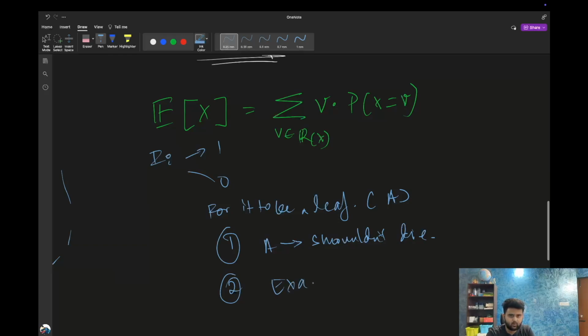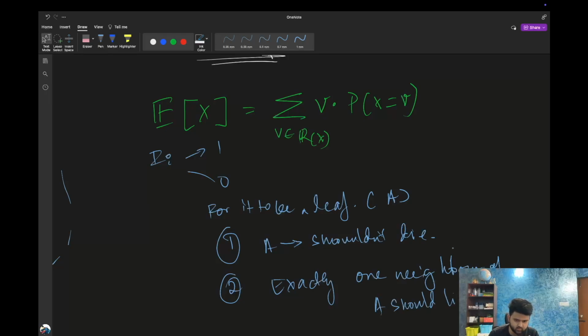The other is that exactly one neighbor of A should live. These are necessary conditions, and with some work it's obvious that they are also sufficient. So how do we formalize this?